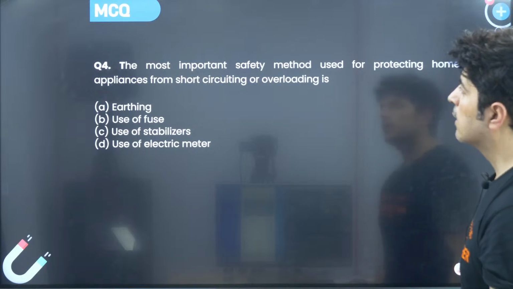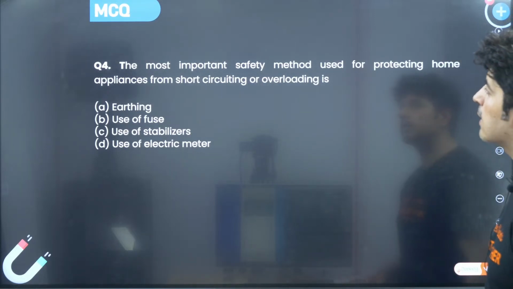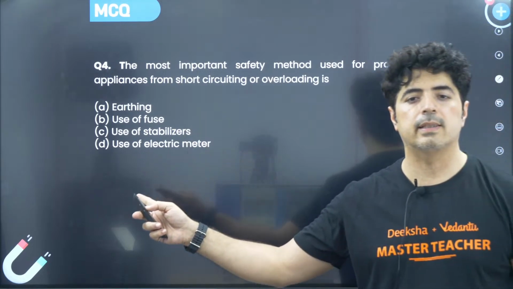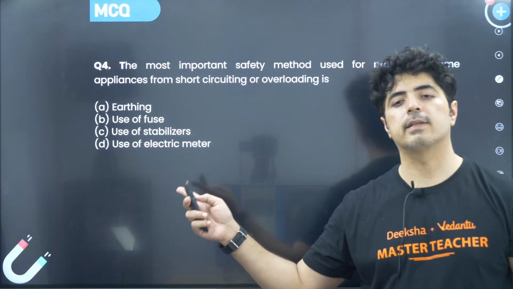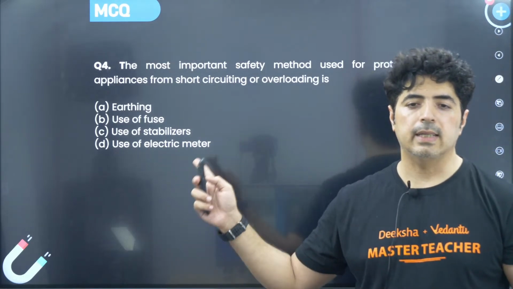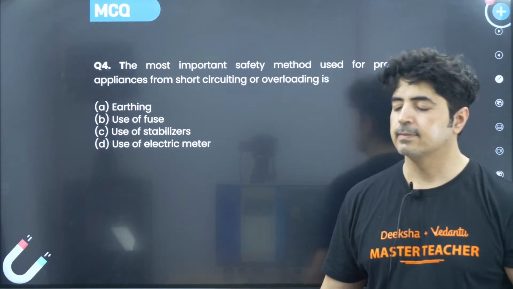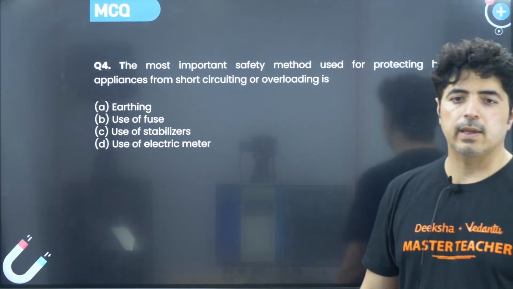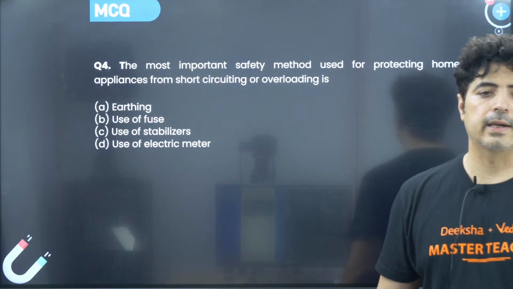Next question. The most important safety method used for protecting home appliances from short circuiting or overloading is, I hope everybody knows this answer. Come on, in the comment box I need the answer. I have explained this in depth, in detail. Come on, give me an answer for this, everybody. So the answer over here is yes, absolutely true, absolutely correct.